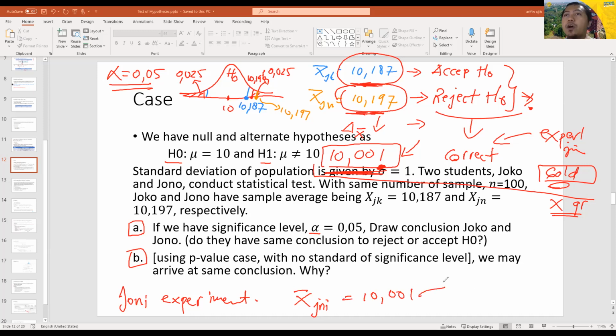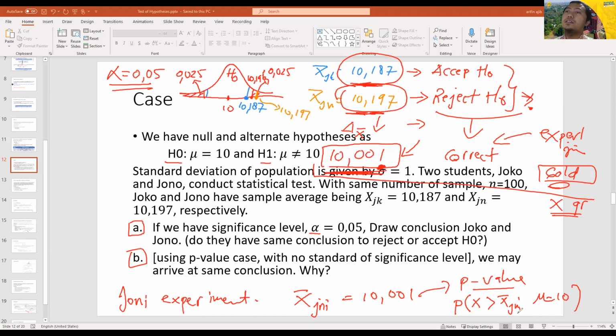After that, we compute the p-value. Computing the p-value is like computing the probability that x is greater than x Johnny when the mean is 10.